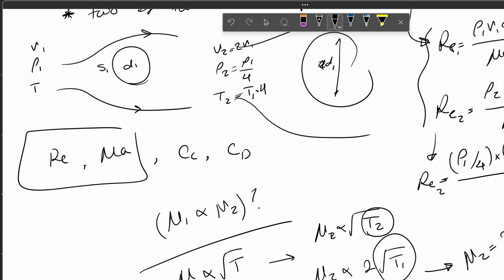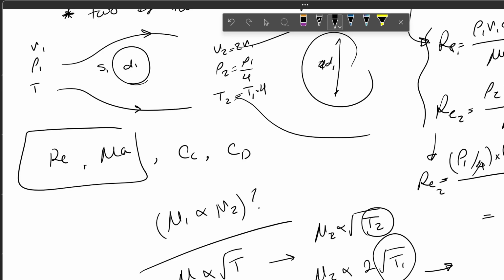So I'm going to use 2 mu1 here, and all of these, this is 2v1. All of these cancel out, which means that Re2 is going to be equal to rho 1 v1 mu1, I'm sorry, v1 mu1, which is equal to Re1.